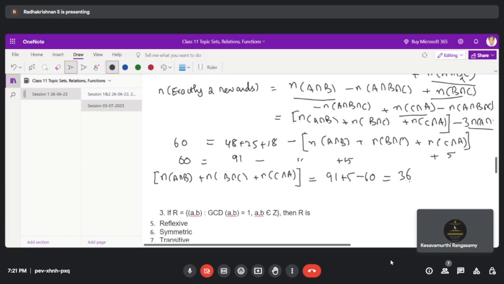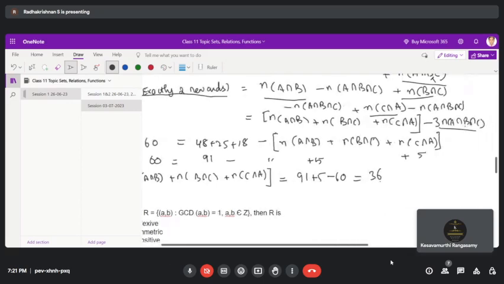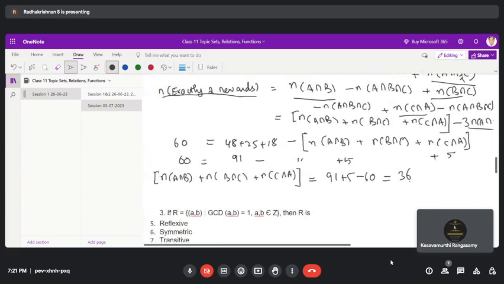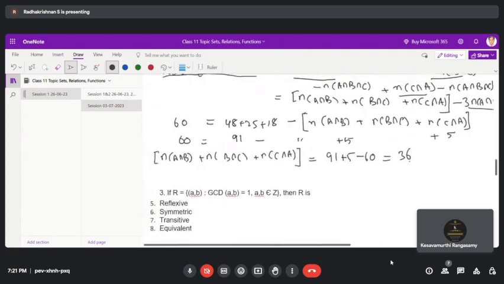So exactly 2 rewards. What is the formula that we got? This 36 minus 3 times n of A intersection B intersection C. So all we have to do is subtract 3 times 5, right?